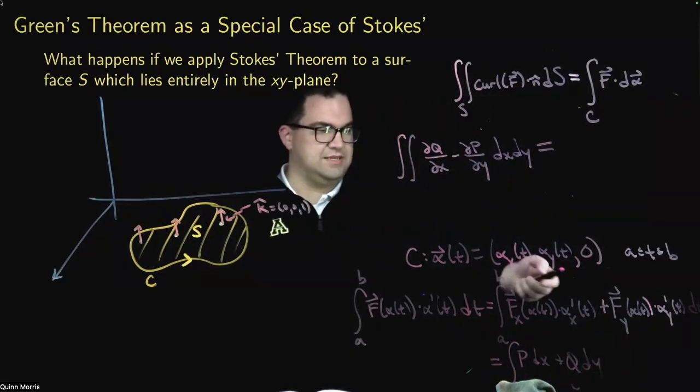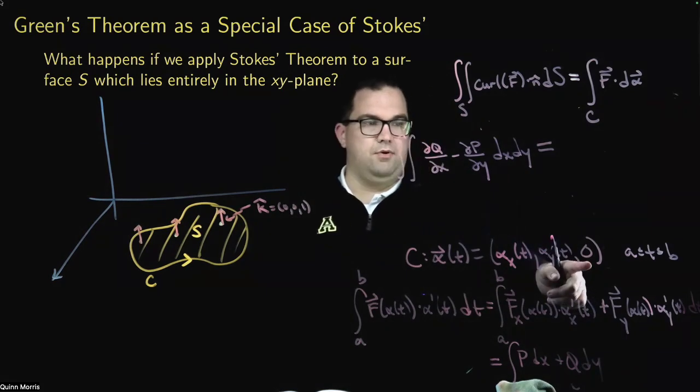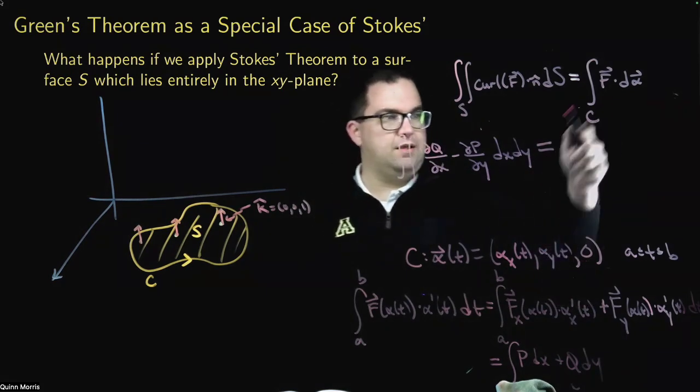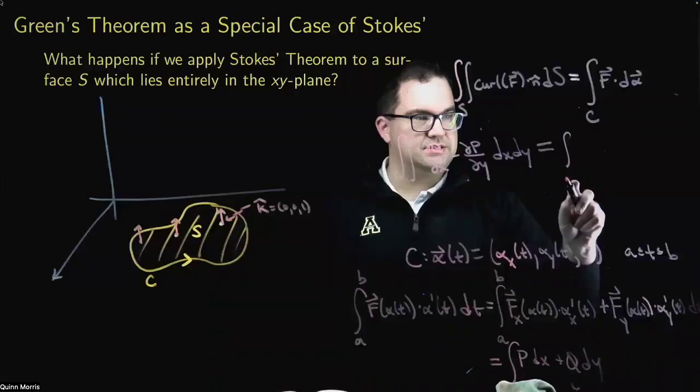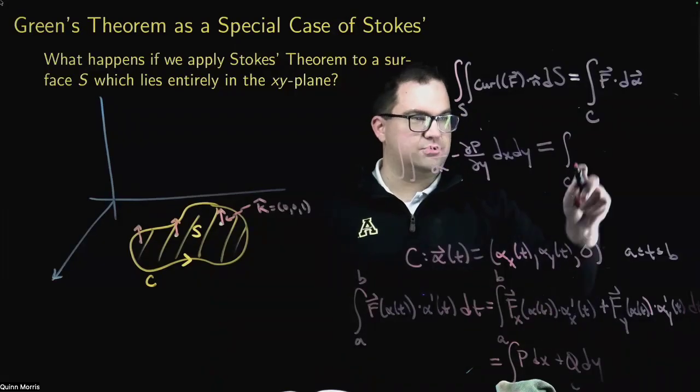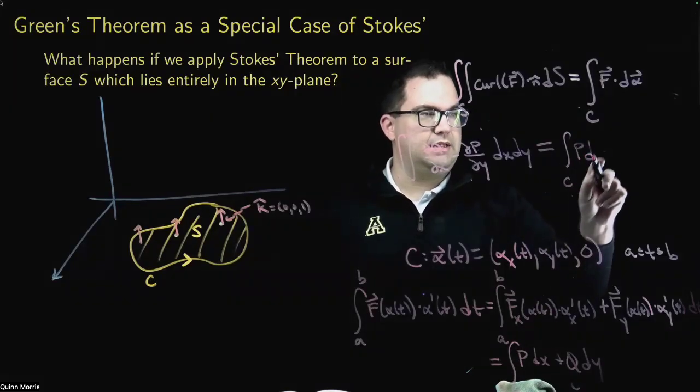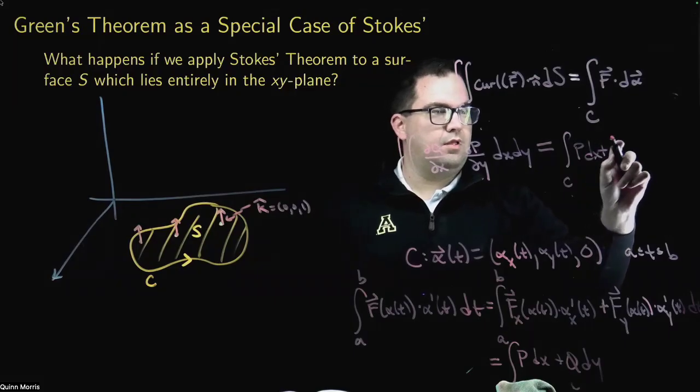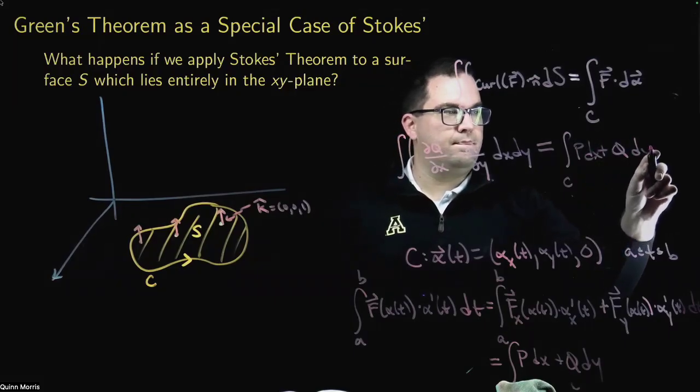Basically, you just ignore the z component because there's not going to be any z component here. And so what we end up with is a line integral, which I can just think of in the xy plane, of P dx plus Q dy.